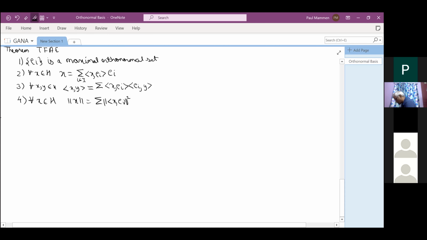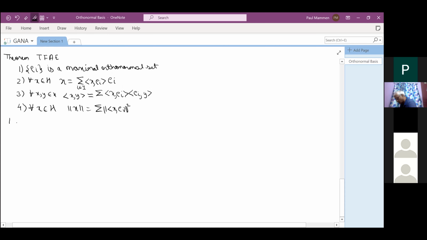And now, okay, so one implies two, as we said, is obvious. So if x belongs to H, we know that by Bessel, the sum of x comma e_i squared is unconditionally summable, as we said before.